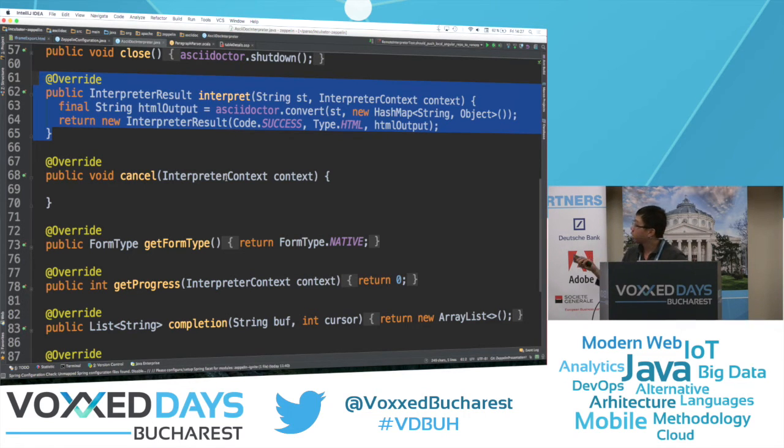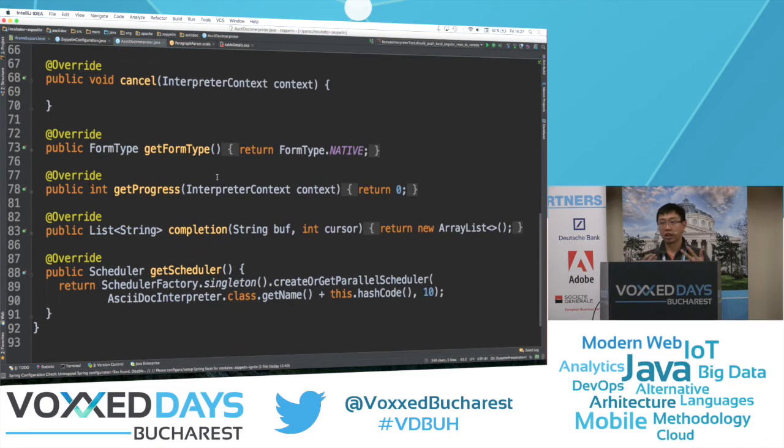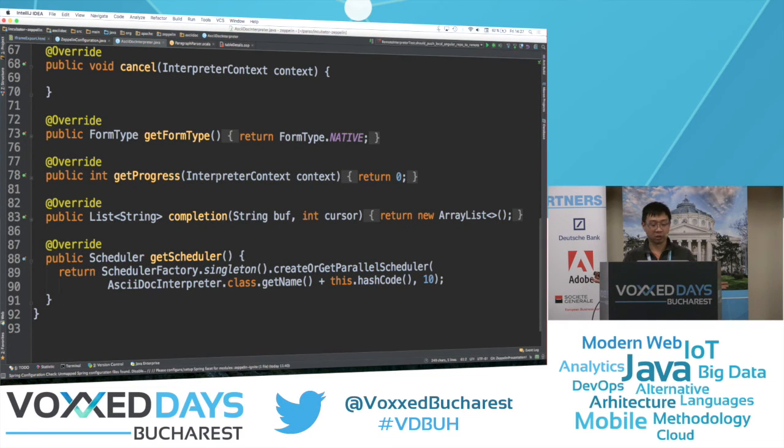The only thing I do here is I use my AsciiDoc converter on my input text, and then I get an HTML output, and I return the result. It is that simple. Two lines of code, and I have an AsciiDoc interpreter working.